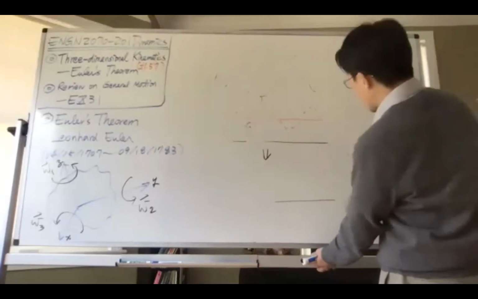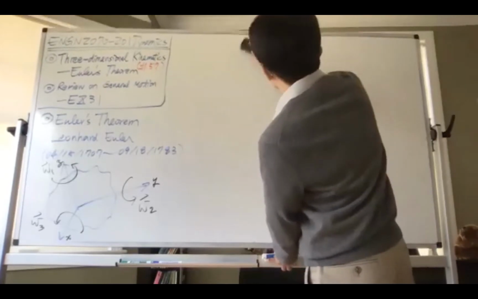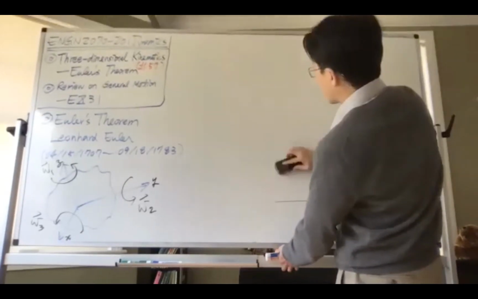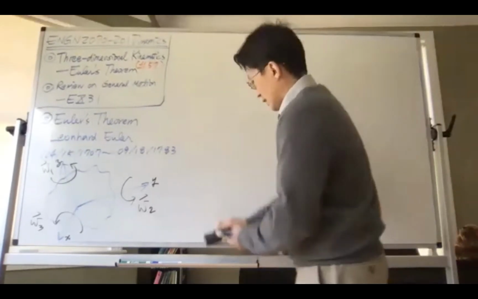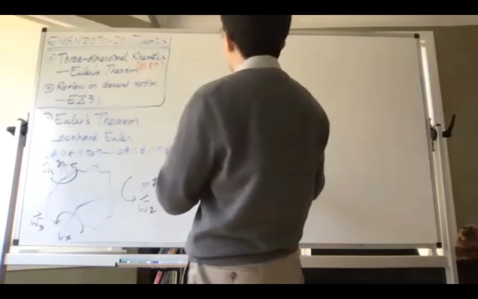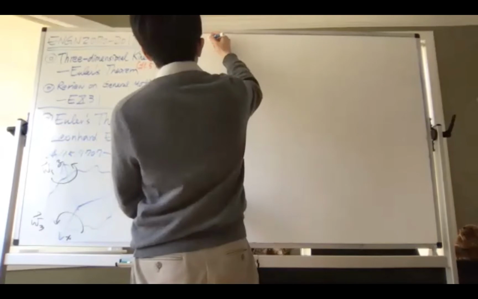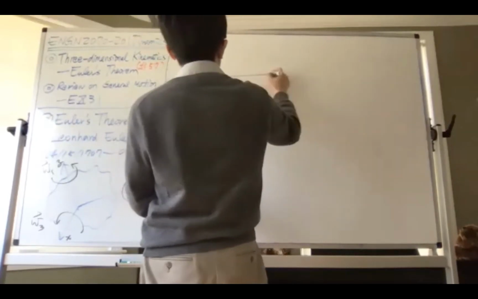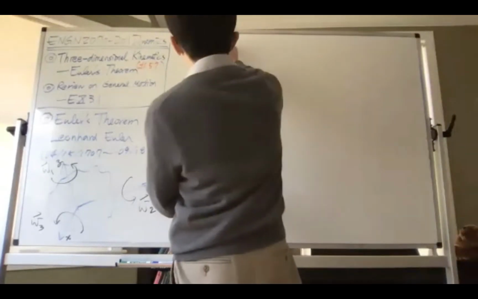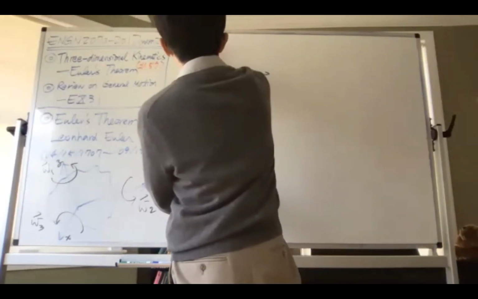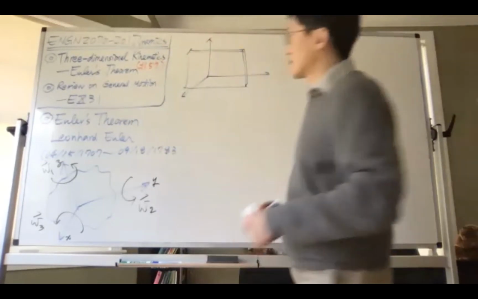So the mathematical expression of Euler's theory is very, very simple, but you have to understand the significance and the physical meaning, which is what I just described. So here, this is what he said. Suppose you have a structure in 3 dimensions. And suppose we can actually consider that there's a plate like this.